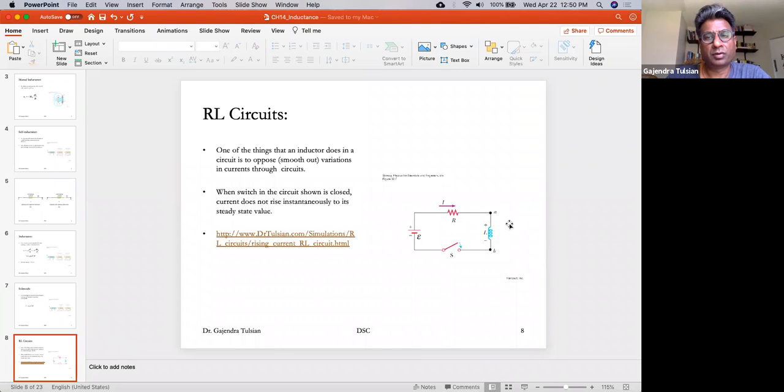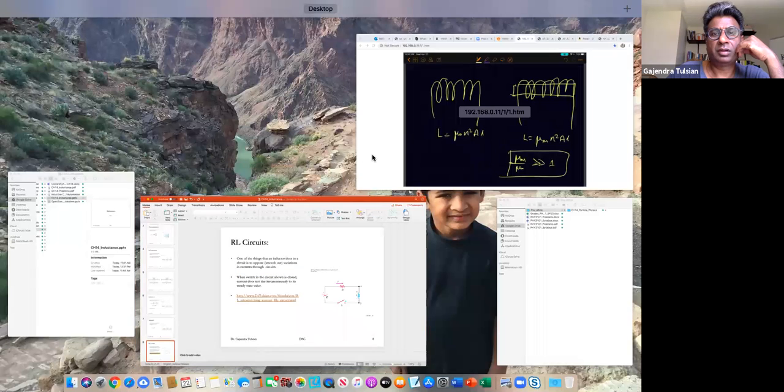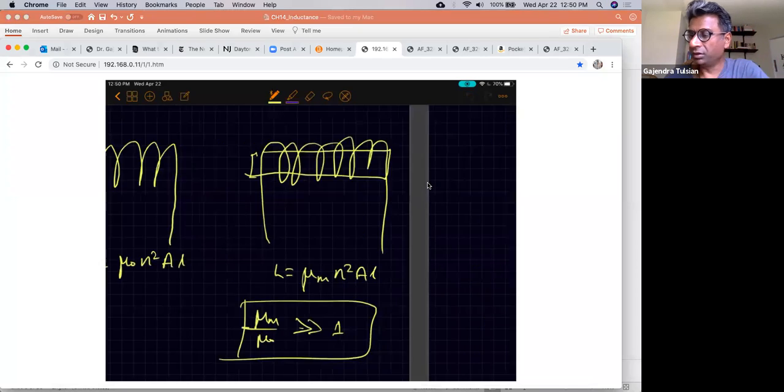All right. So now we'll look at what happens if you introduce an inductance in a circuit. That's what we're going to do next. So here's the deal.